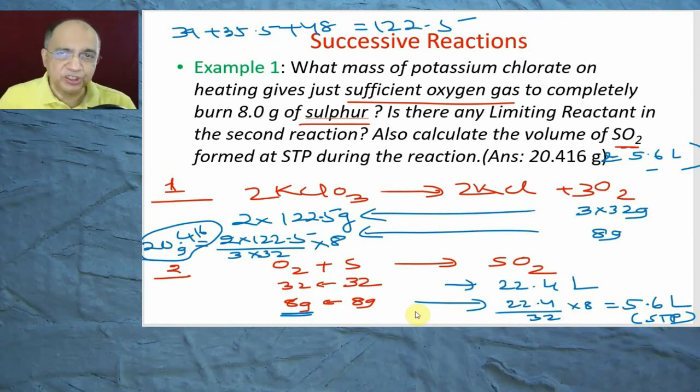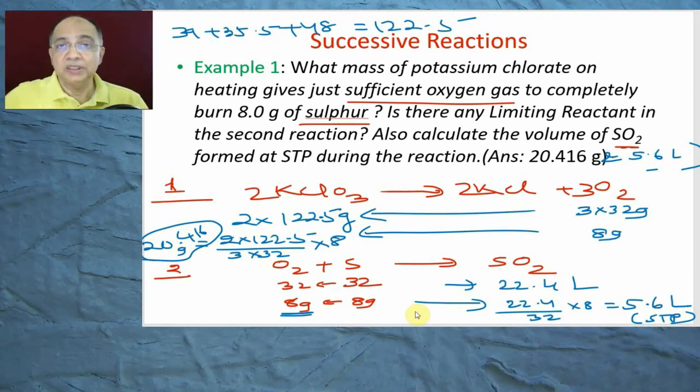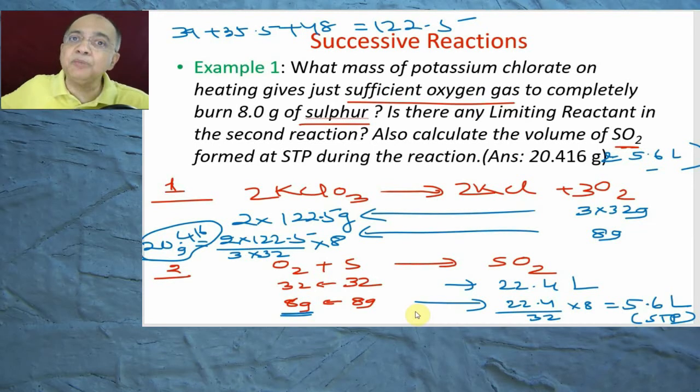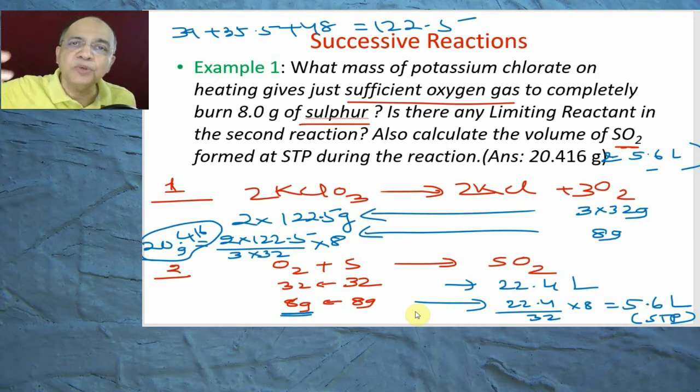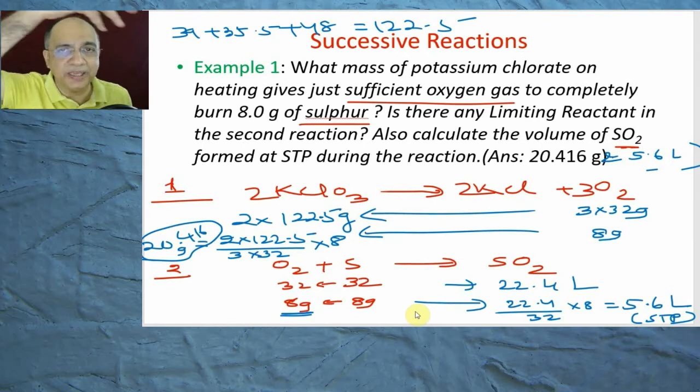So these are called successive reactions. And if you are asked to find out the amount of the final product of the final equation, if the reactant amount of the first equation is given, how to find? Obviously, we have to perform 3 calculations, one for every reaction. Each equation has to be balanced.